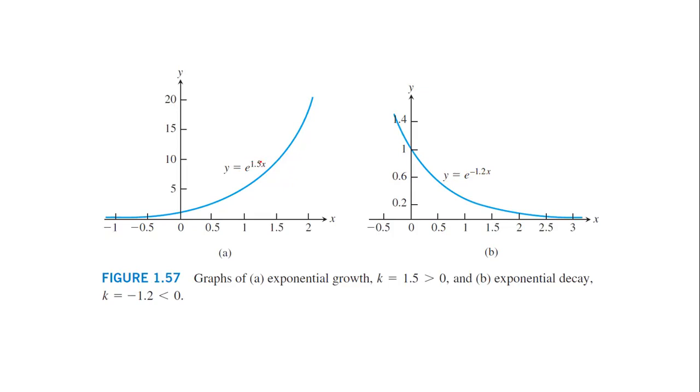Since this is positive, as we increase the value of x, the function will be increasing, right? But over here, as we increase the value of x, the function will be decreasing, because it's a negative exponent. Very good. So graph A, exponential growth, k equal to 1.5 greater than 0.